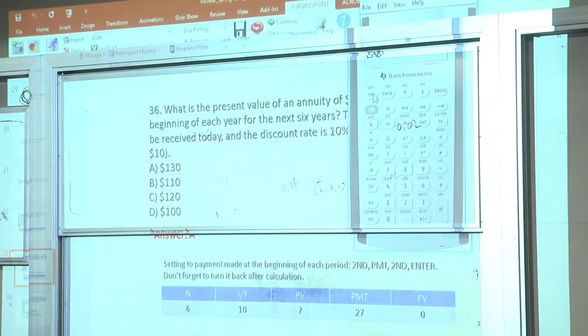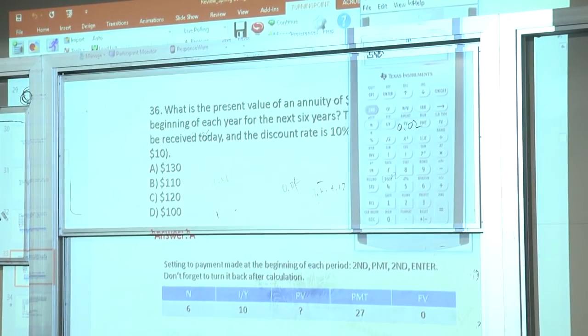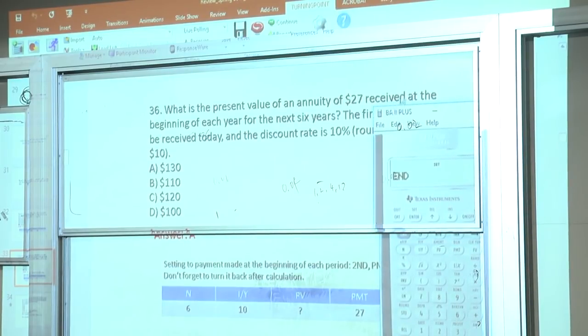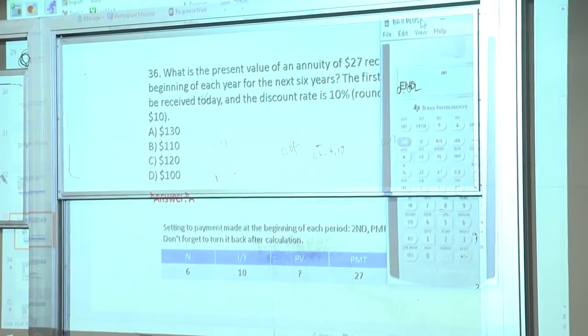Why didn't we do negative 27 for PMT? Because that's received. It's the inflow. You are receiving money.